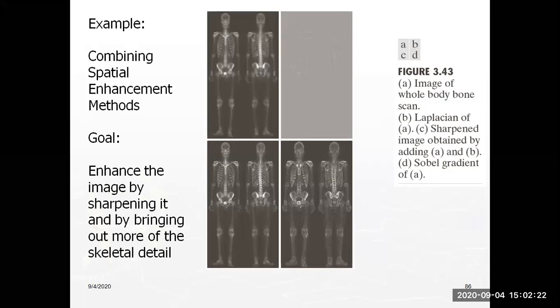In smoothing we use blurring and noise removal. In sharpening we sharpen the image with the help of two types of operators, the Laplace operation and the gradient operation.